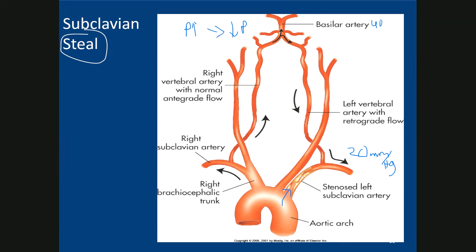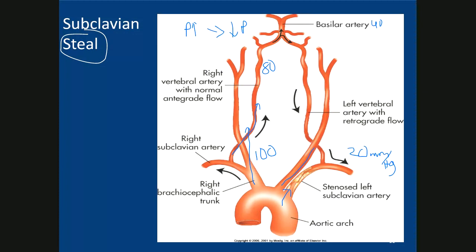Well, blood is moving up here, right? It's moving up here. And blood is also moving in this direction up here, right? This is the direction of flow in these vessels. Now, since there's no flow getting through here, or very little flow getting through here, the pressure is very low. So if this is 80 millimeters and this is 100, again, blood moves from areas of high to low.